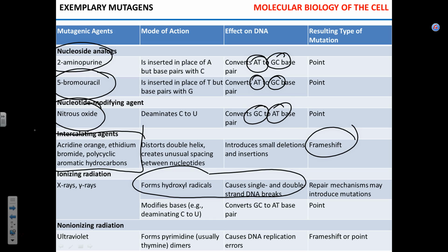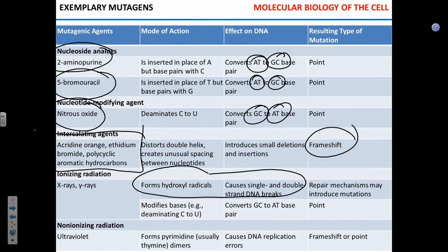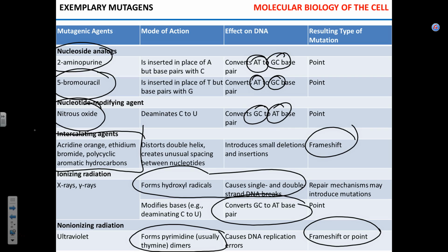Again, when there is a repair, it may not be perfect. May or may not be. That's what we just discussed. The double strand or single strand breaks. They also can modify the bases. And ultraviolet radiation, thymine dimers, frame shift or point.